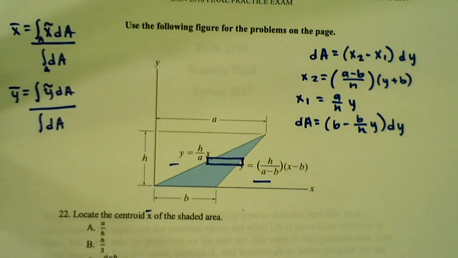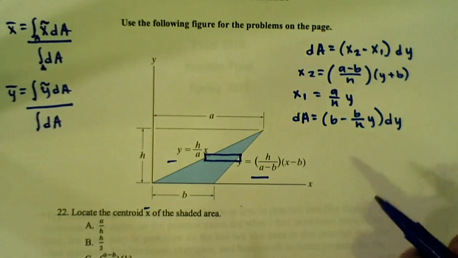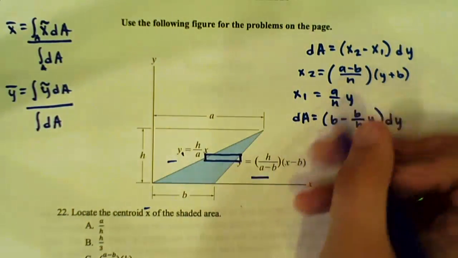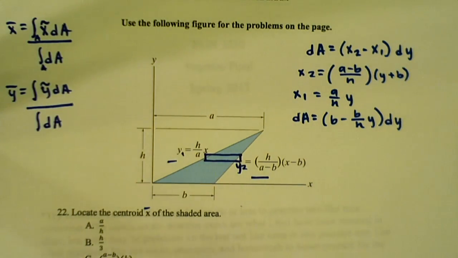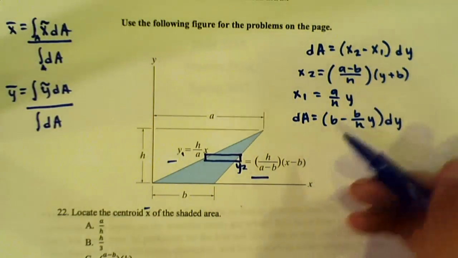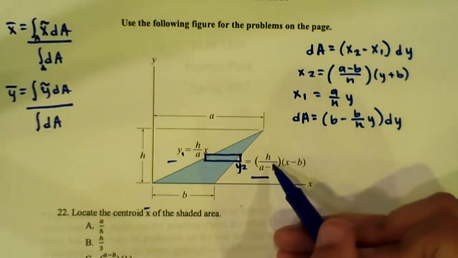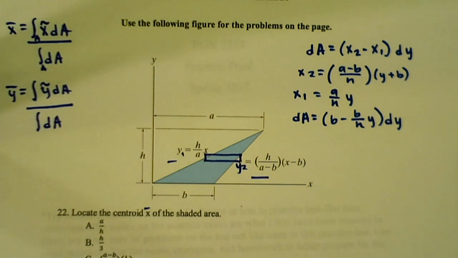But since it's for a function, it needs to be the differential height, so that's why it's dy. You solve for x2 and x1 by looking at these equations: here would be your y1 and here would be your y2, and you just solve in terms of x. Which is why it became a over h times y plus b, because here y2 equals h over a minus b times the quantity of x minus b. It's flip-flopped.